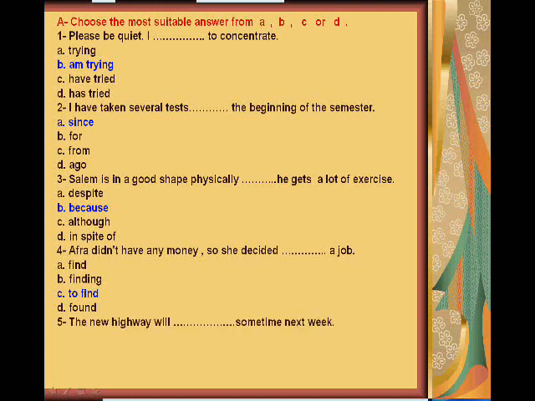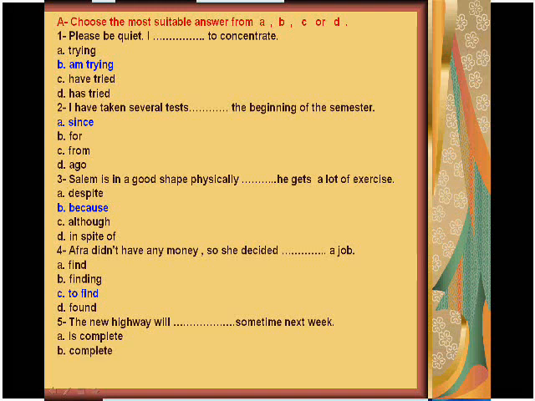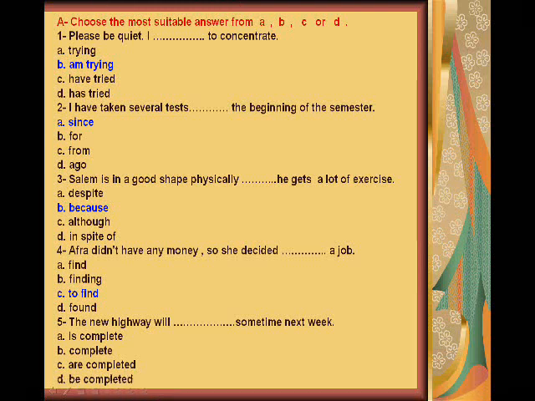Number 5, the new highway will sometime next week. A, is complete. B, complete. C, are completed. And D, be completed. This is very easy, right? Next week. And the key word here is, of course, will. Is this sentence an active sentence?